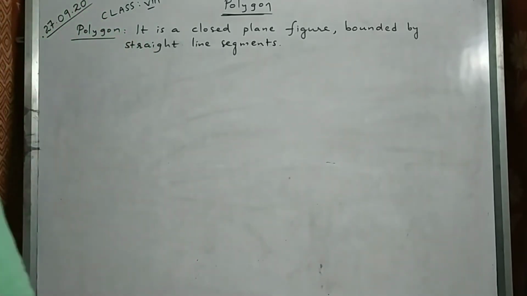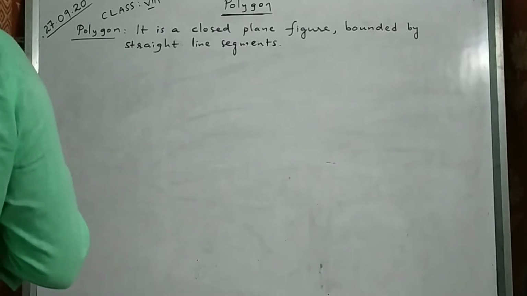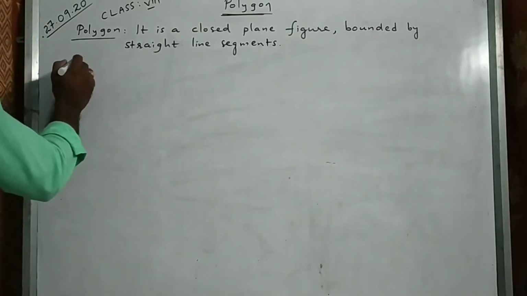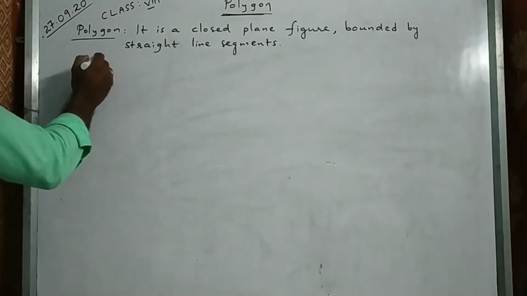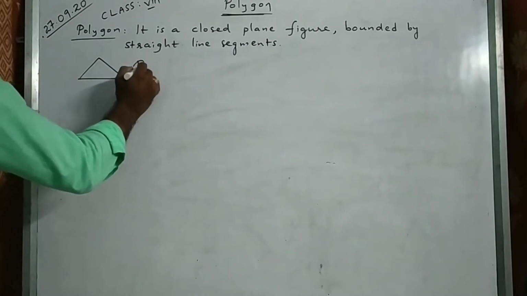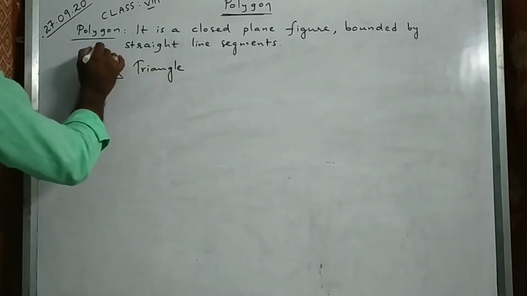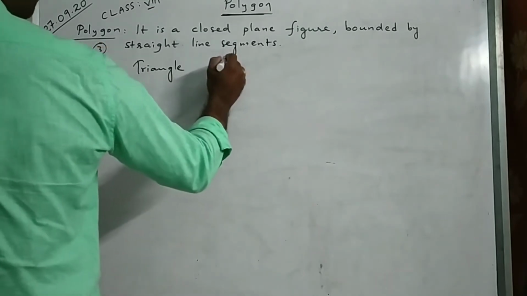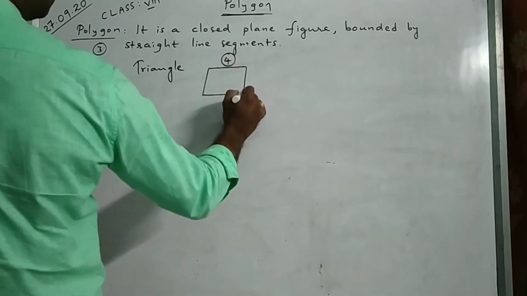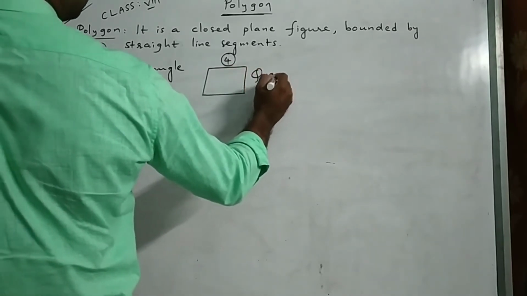So, I just told you, if there are 3 sides, we call it a triangle. If there are 3 line segments like this, it is a triangle. Okay. 3 line segments. 4 line segments means closed figure, that is a quadrilateral.